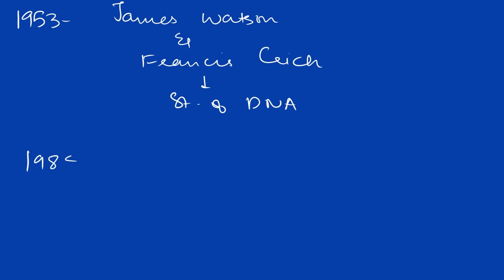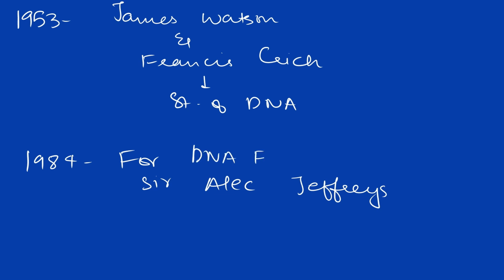In 1984 came Sir Alec Jeffreys, who developed the first method of forensic DNA fingerprinting, which was a revolutionary breakthrough that enabled personal identification from biological materials. Although he called it DNA fingerprinting, the name was a bit misleading. It was actually far more accurate than traditional fingerprinting.